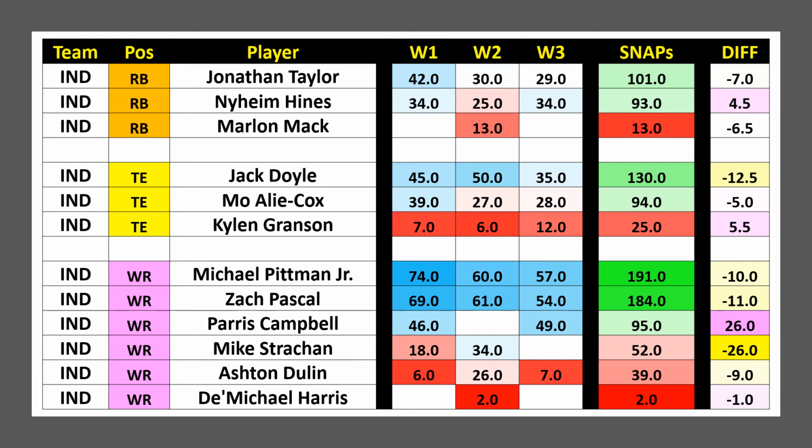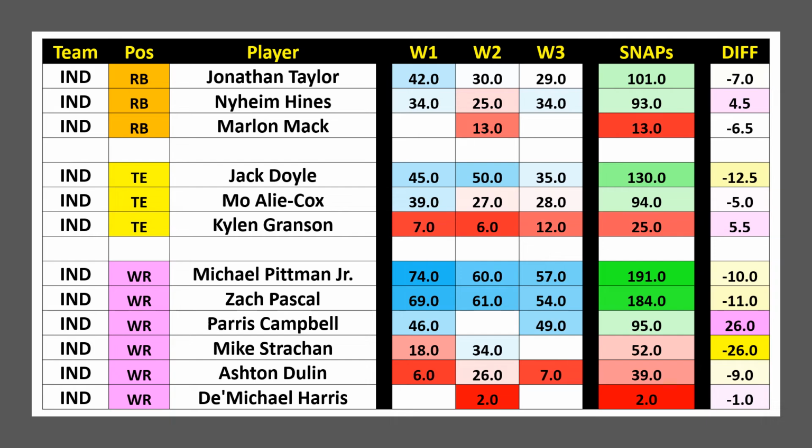Doyle and Allie Cox kind of came together. Concerns there. I really liked when he was getting many more snaps. Pittman, Pascal, Paris is back. Looks like 1A, B, and C. I guess Pittman's the most consistent play, but he's probably not out.